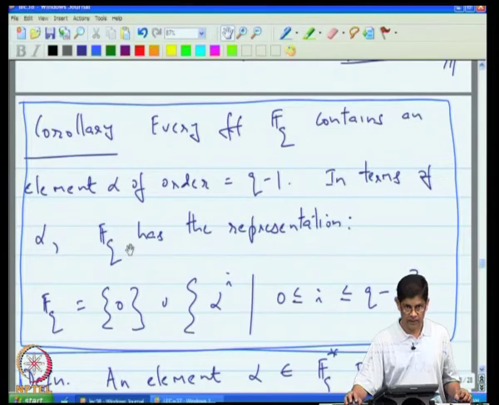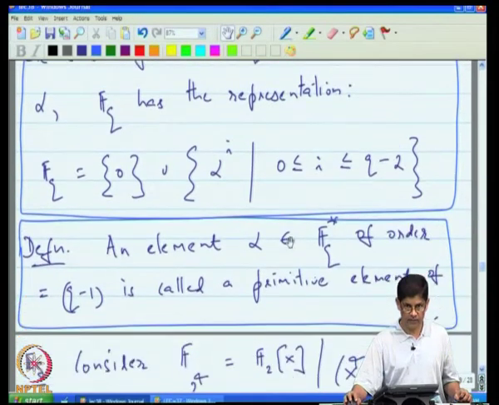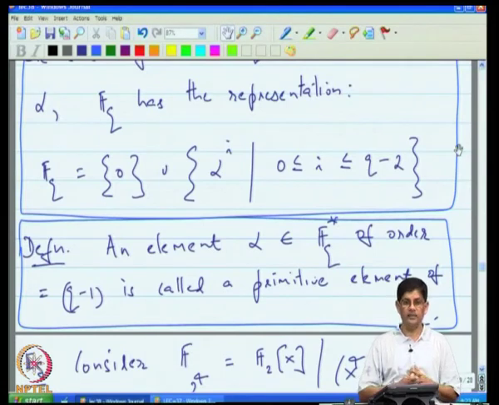In terms of alpha, Fq has a very simple representation as the union of 0 together with all the non-zero elements in the field, and every one of them can be represented uniquely as some power of alpha, alpha to the i, where i ranges between 0 and q minus 2, because there must be q minus 1 elements in here. Okay, so that is our beautiful representation of the finite field.